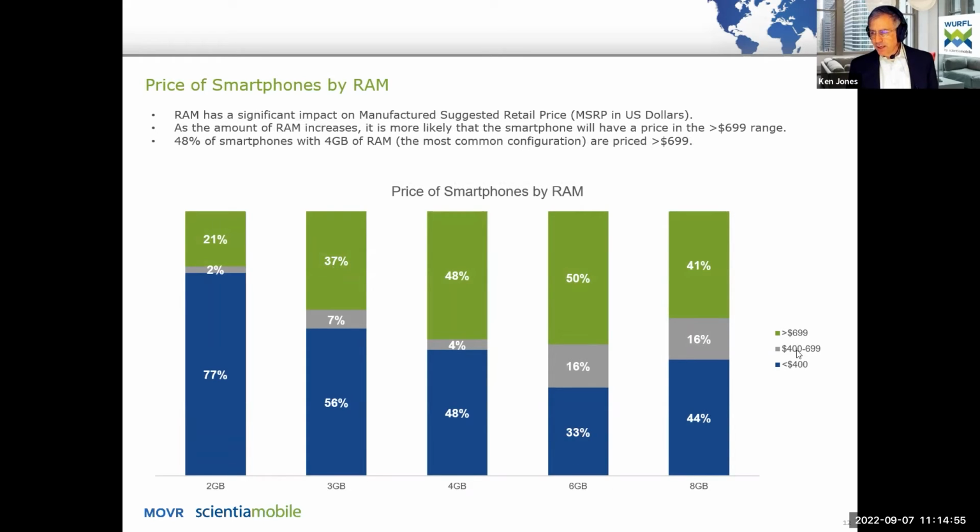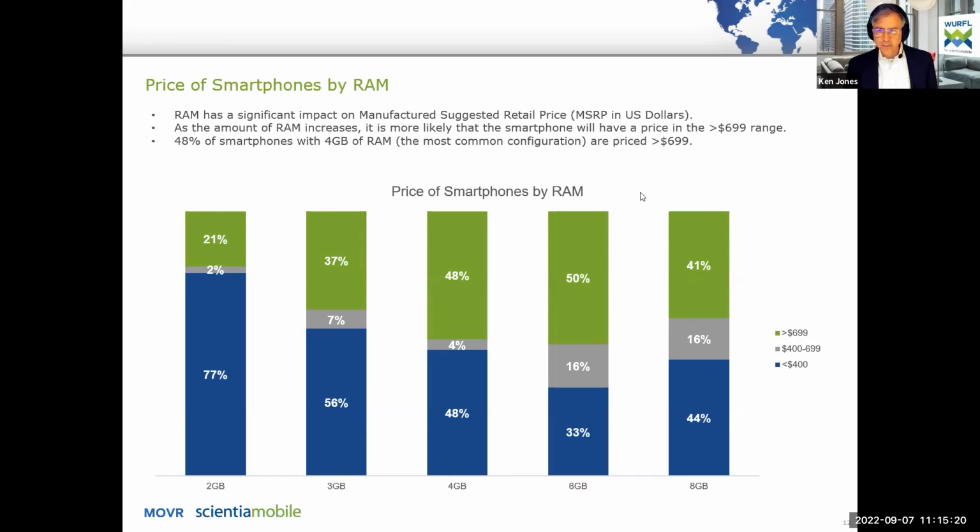We divided the prices into three tranches. So kind of a budget phone, below $400, a mid-price phone between $400 and $699, and then the premium phones above the $699 mark. Most of the Apple devices are above there.